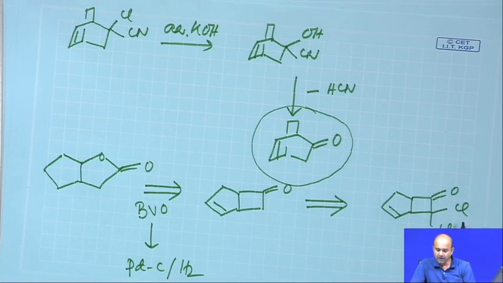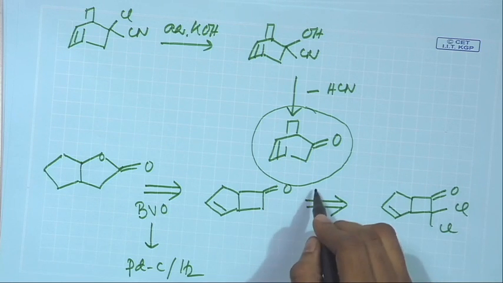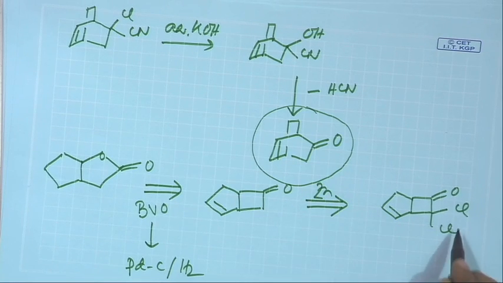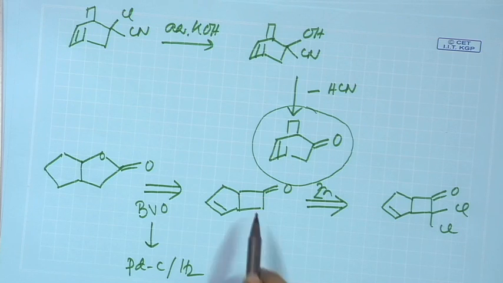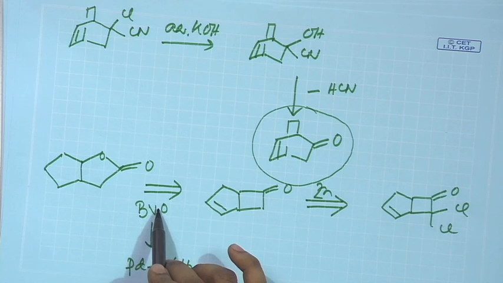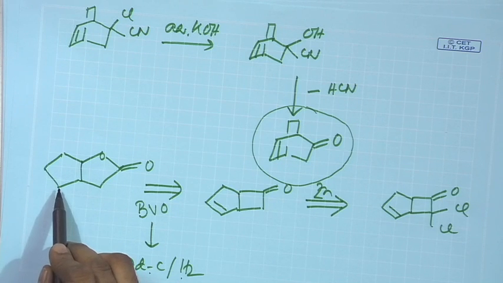We used an alpha,alpha-dichloroketone compound as a starting precursor. Now, see that it is known that if you subject this alpha,alpha-dichloroketone to metallic zinc, dechlorination occurs to give you this target molecule intermediate, which undergoes Baeyer-Villiger oxidation and a palladium charcoal mediated hydrogenation to give you the target molecule.